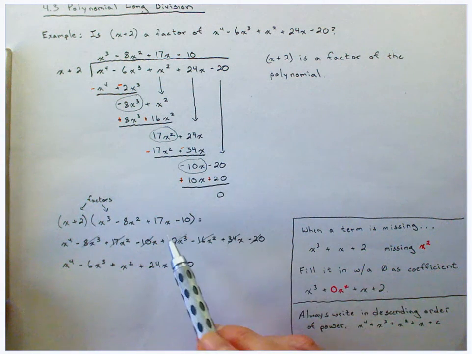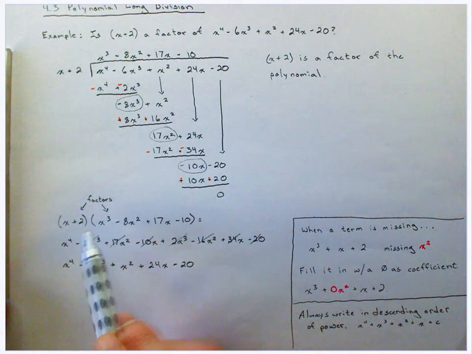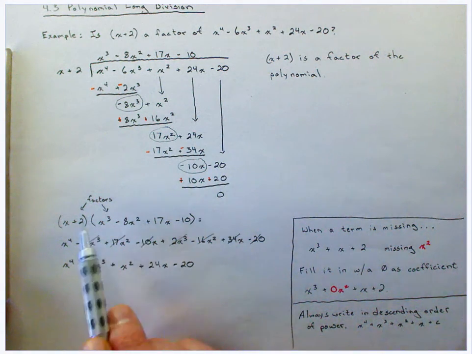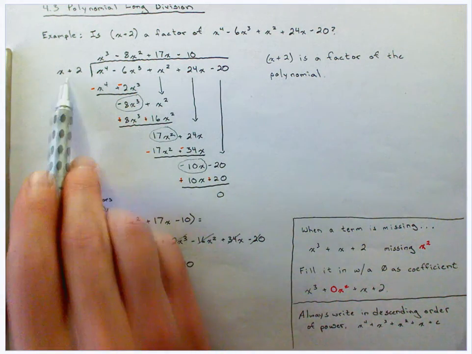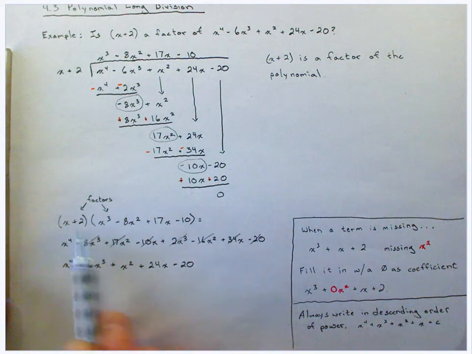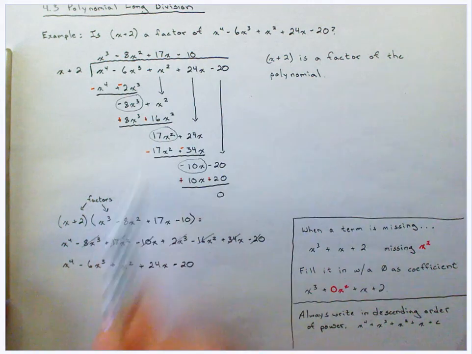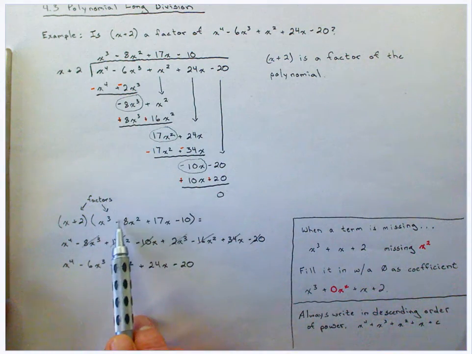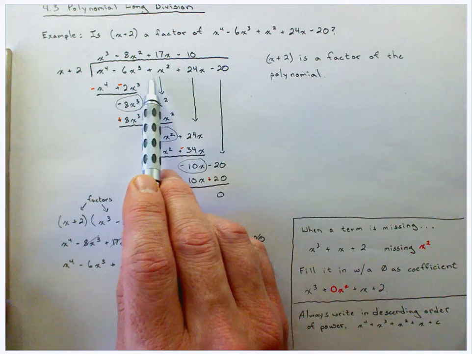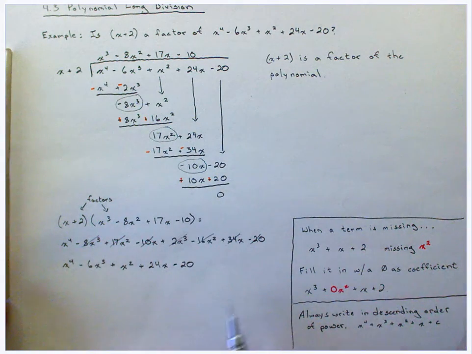Another way to look at it is just like this. These are factors. This is the divisor, x plus 2, and this is the quotient. This is what I ended up with. If I multiply these together, my product is going to be the dividend. So if you want, pause the video and multiply them together.